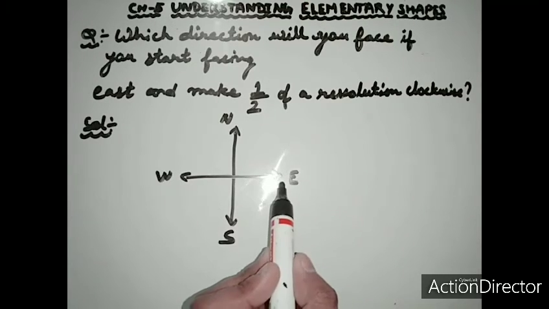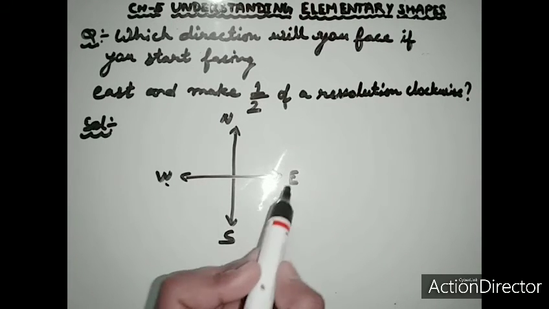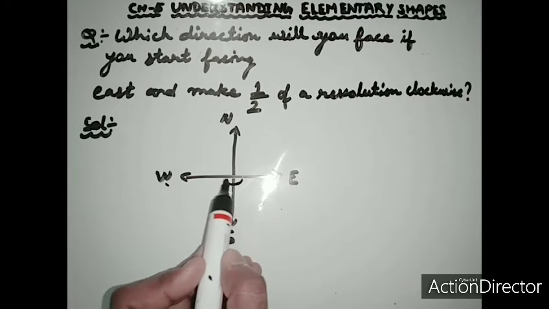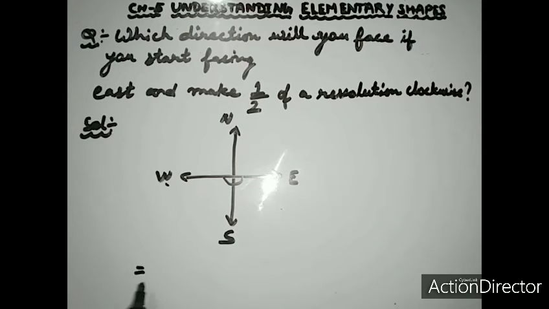Half revolution equals 180 degrees, so it moves from this point to this point. So it moves to the west side. Here we write west. The face of the person is on the west side. The initial position is east and the final position is west.